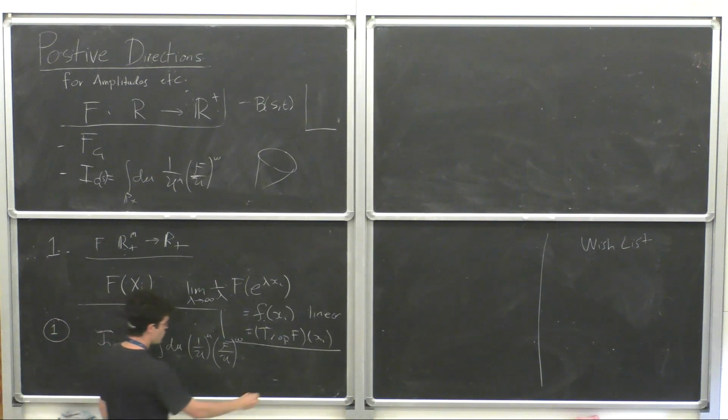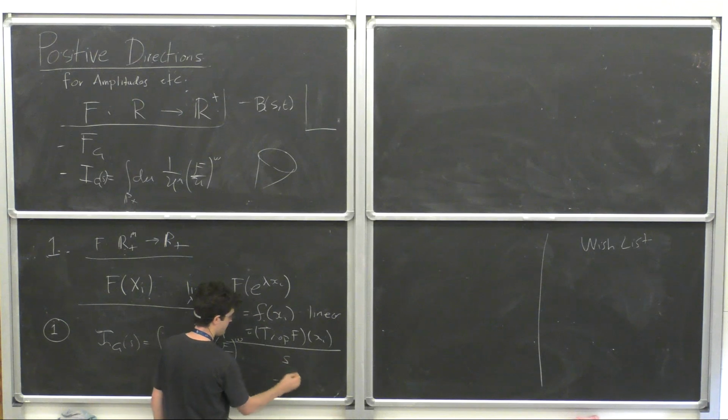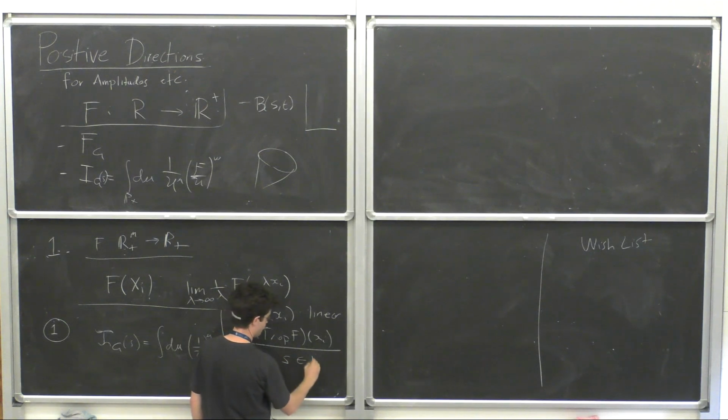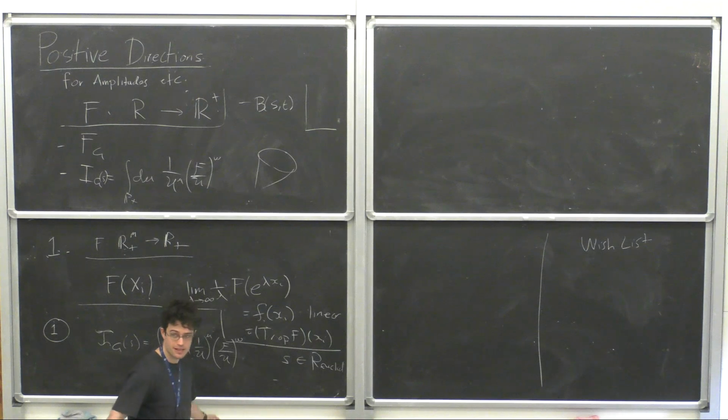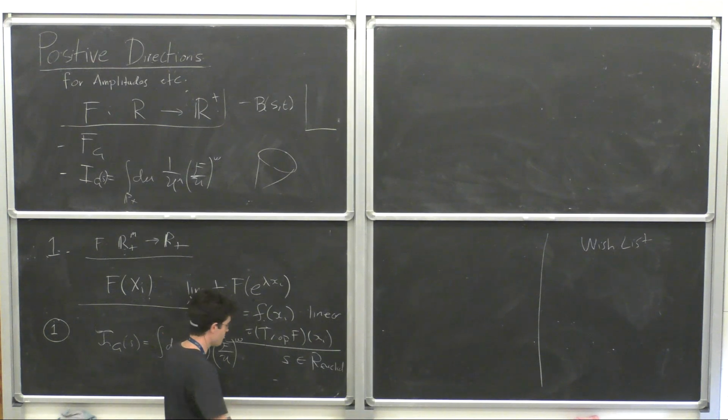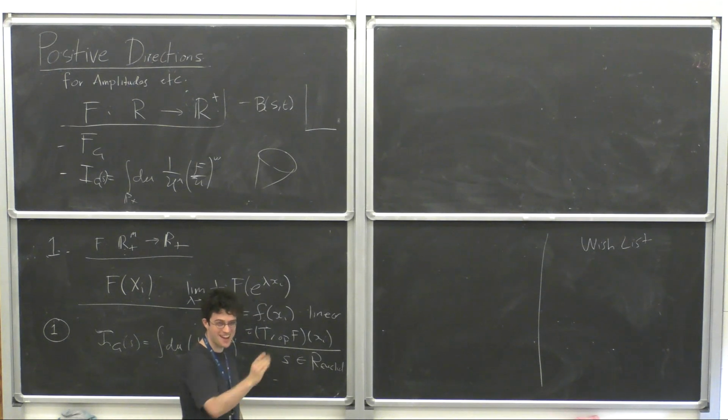So it's very important that S is in the Euclidean region. And I don't know how many of you are super familiar with what I mean by this. Is it clear what Euclidean region means? Well, would someone like to define the Euclidean region?